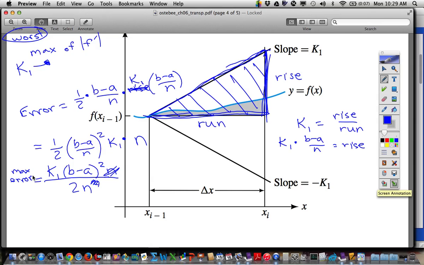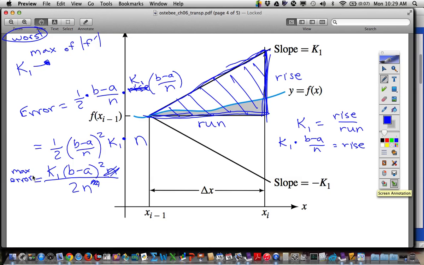We've let that be the steepest that the graph ever is. And then what we've done is assume that the graph keeps that steepness the whole time. And if it does, then this would be the error. Well, we know it probably doesn't have that much error. If it had that slope the whole time, it'd just be a line. So we know it probably doesn't have that much error, but we know it can't have more error than that. And that is how the calculator knows. And we'll get into calculating that here in a second.